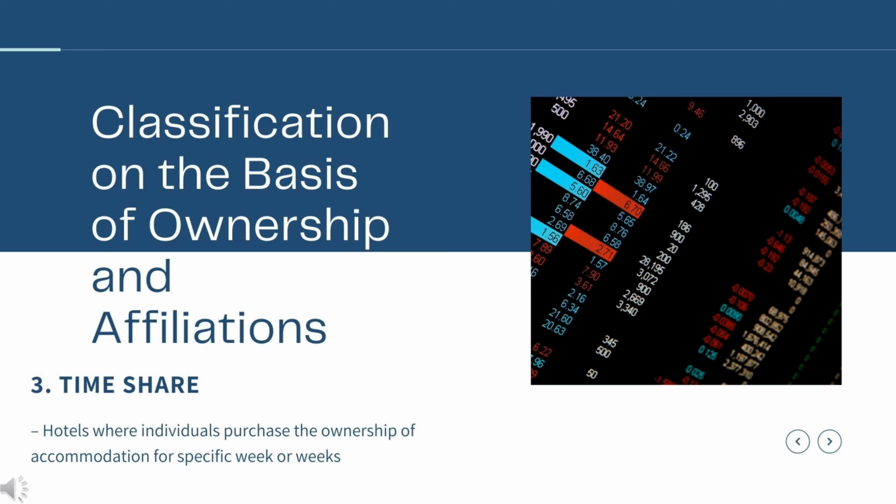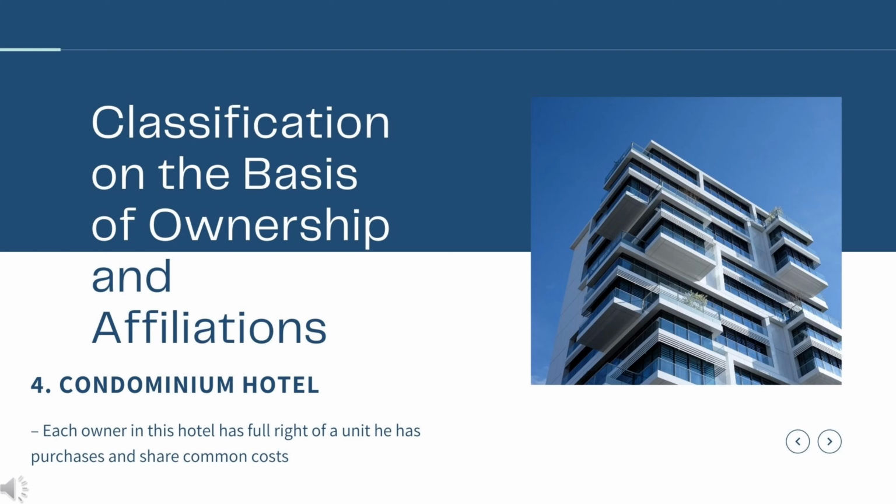Number 3. Timeshare. Hotels where individuals purchase the ownership of accommodation for a specific week or weeks. Number 4. Condominium hotel. Each owner in the hotel has a full right to a unit he has purchased and shares common costs.